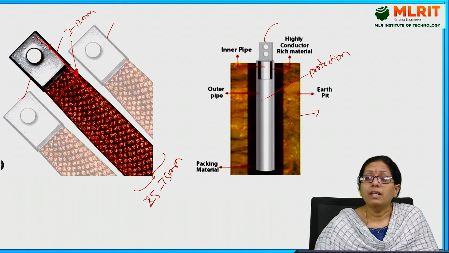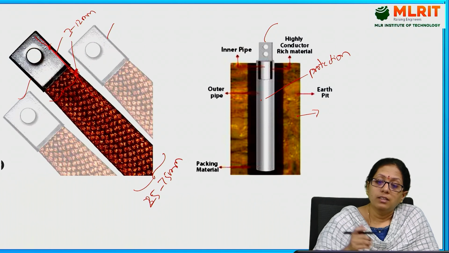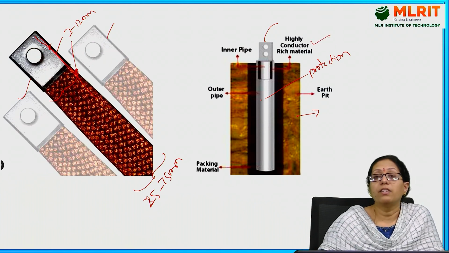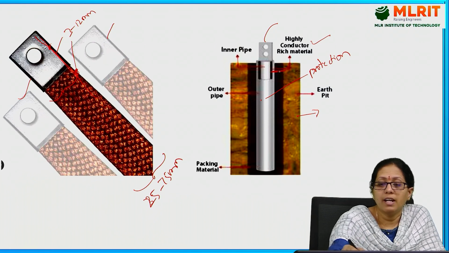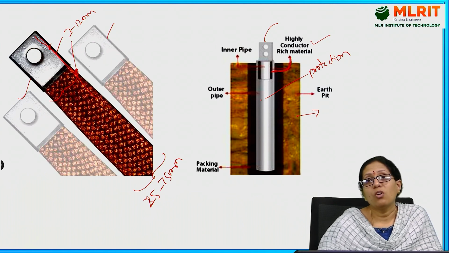After filling the pipe as well as the strip, we need to fill the outer layer with salt or sand. This should be a highly conducting and rich material. So this is a picture of your strip.